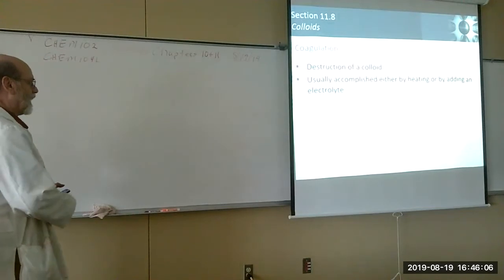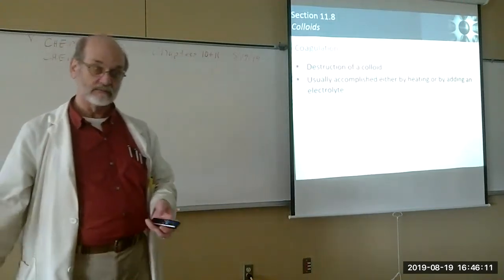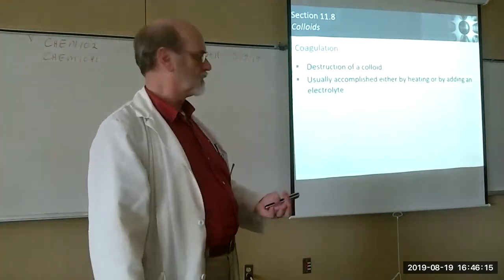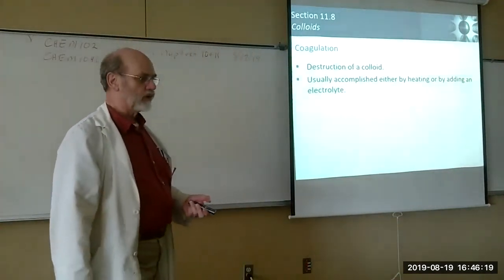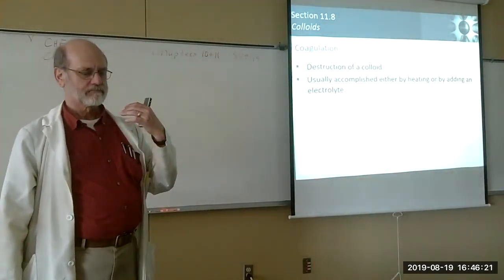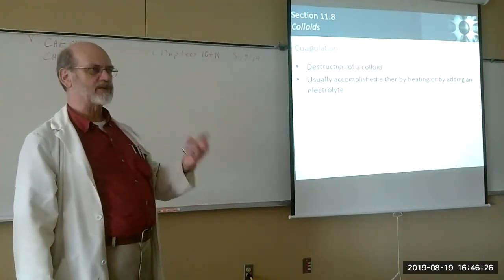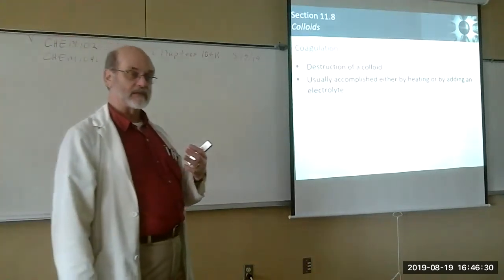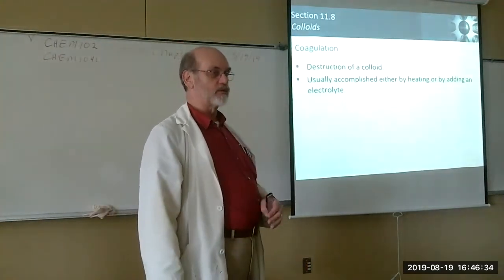So what do we mean by coagulation? Well, if you have a colloid, something suspended in that medium, all you have to do is cause it to lose its physical integrity. In other words, change its shape, then it interacts with the dispersing media differently. And in that case, it might drop out of solution.